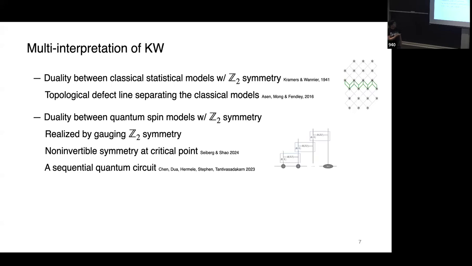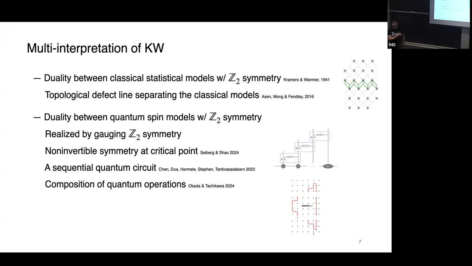And people also show that the non-invertible operators on the lattice can be built in a sequential quantum circuit way. It can also be understood as compositions of quantum operations, including measurement. For example, you want to act the non-invertible operator on an operator localized here.